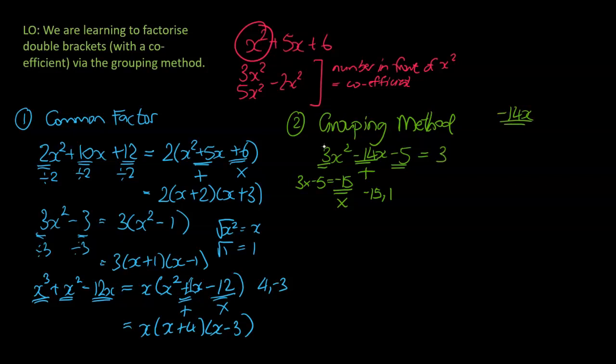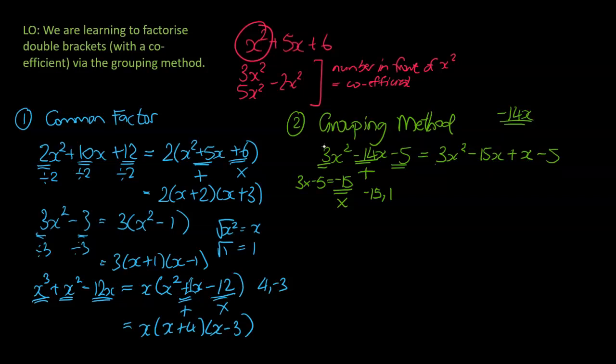So we're going to write our working: 3x squared, then minus 15x, which was the first number we identified, then plus x, which is the 1x that we identified, and then minus 5. And I want to emphasize that negative 15x plus x gets us to the 14x that we had in the middle of our quadratic.